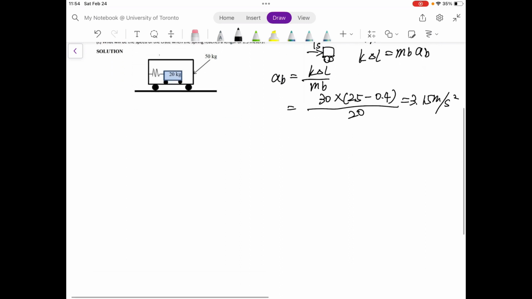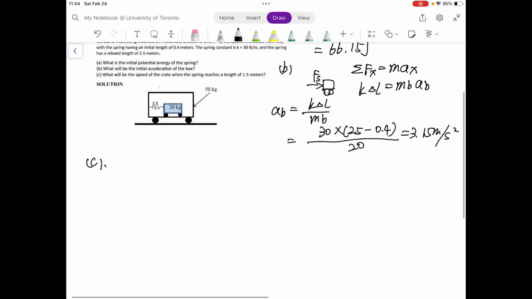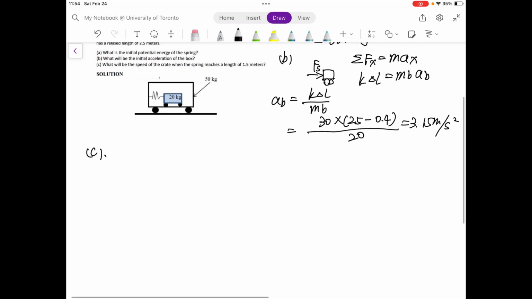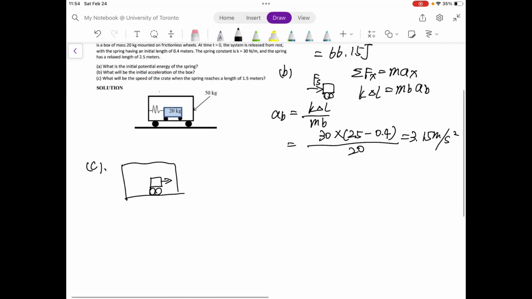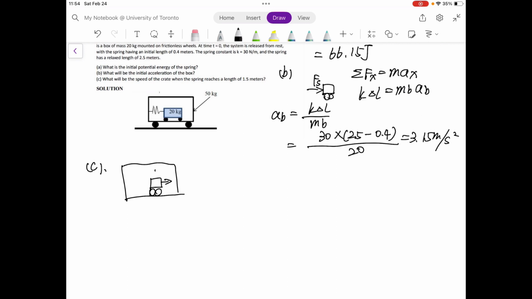Question number 3. What will be the speed of the crate when the spring reaches a length of 1.5 meters? So we should draw a diagram. When the spring is released, the block will have a velocity to the right, we call this vB, and the crate has a velocity to the left, which is vC.